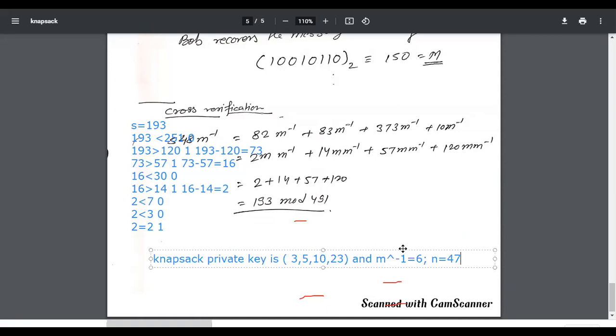So now we have to calculate the plain text for the ciphertext. Ciphertext equal to 20. So we need to find the plain text in binary.